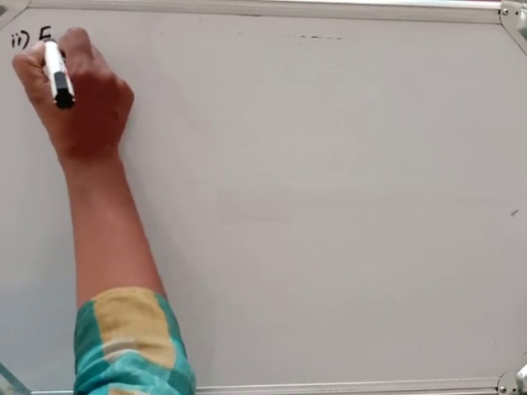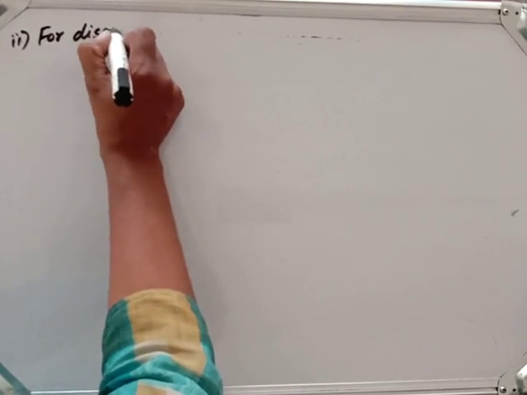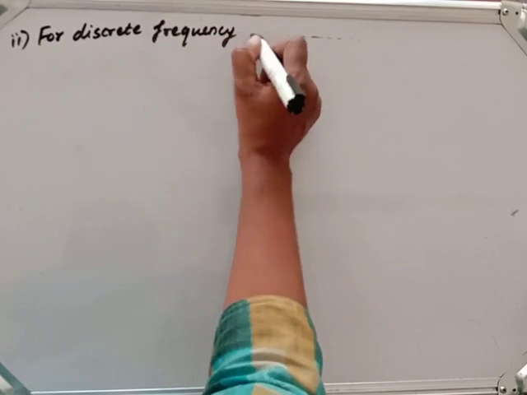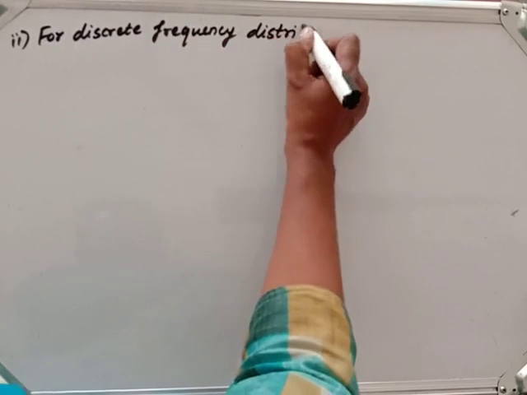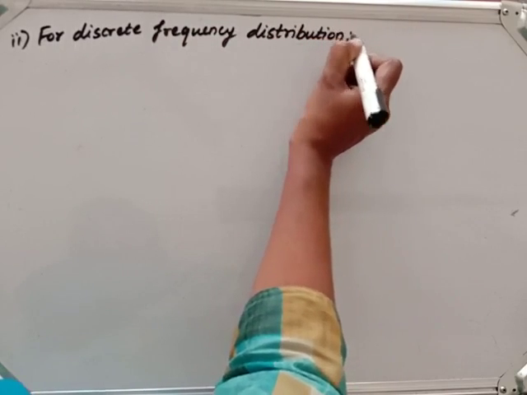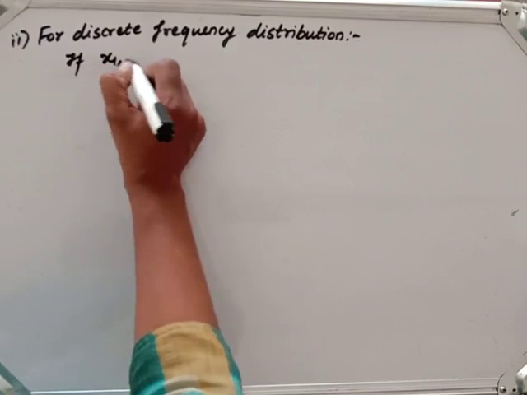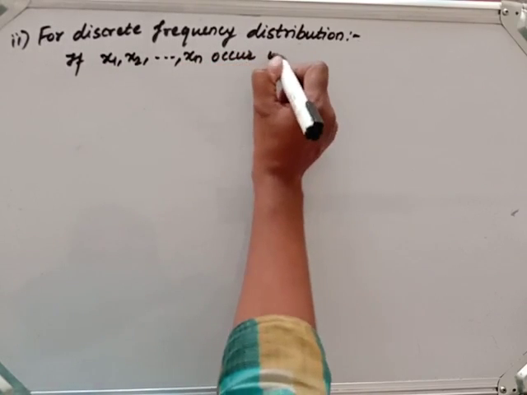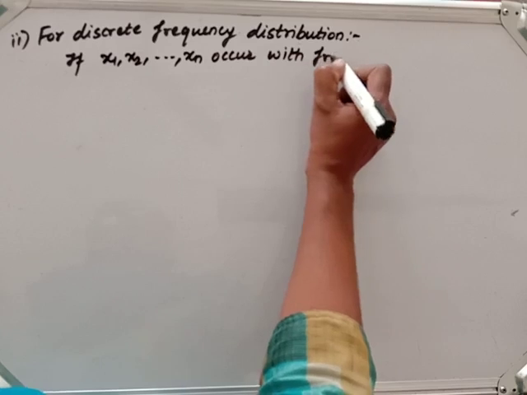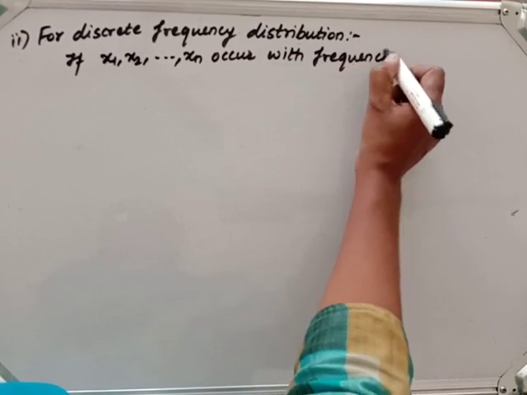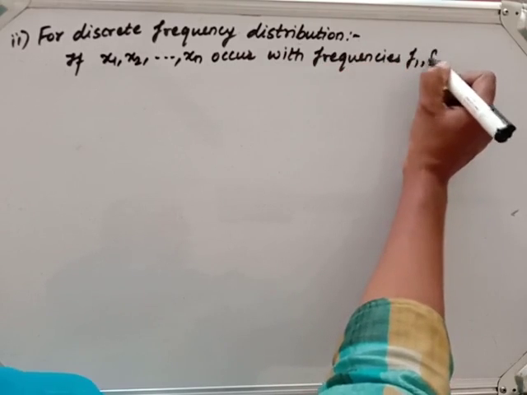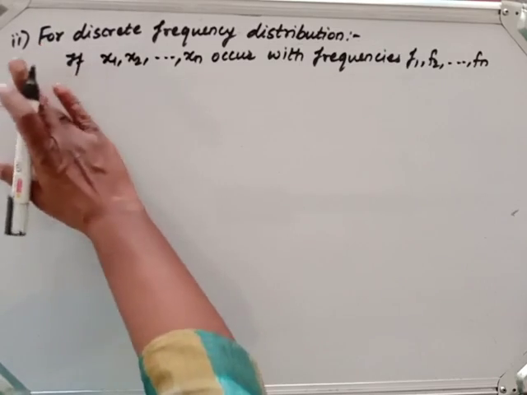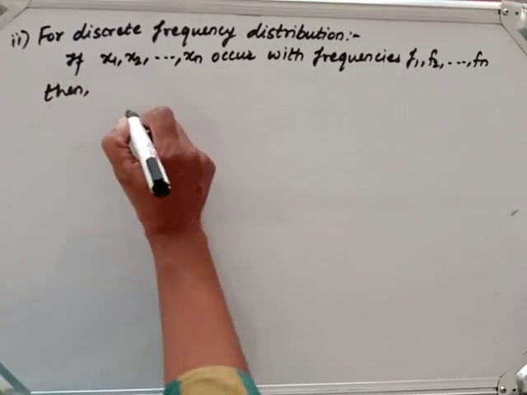Second, for discrete frequency distribution, if x1, x2 and so on up to xn occur with frequencies f1, f2 and so on up to fn, then what is sigma square in this case?